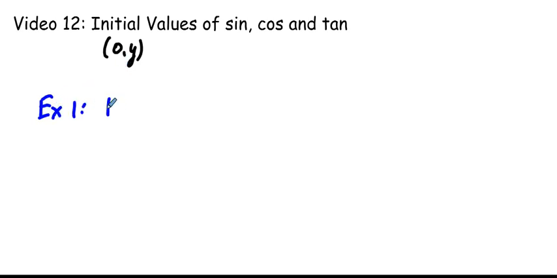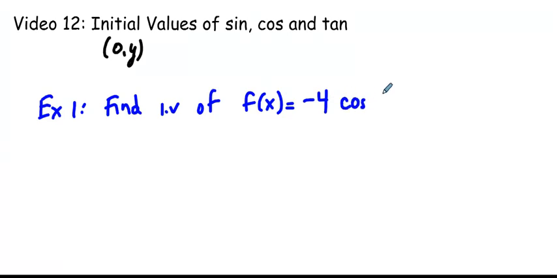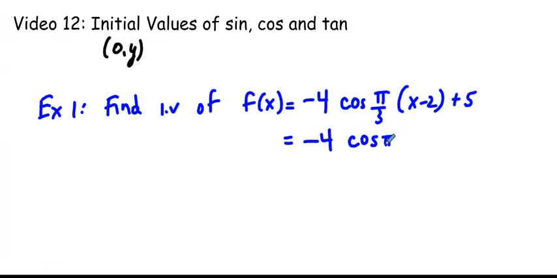If I asked you to find the initial value of this function, which is transformed, in terms of finding the initial value, we're not graphing it, so we don't really have to work with the parameters. So how do we find the initial value? Just like any other function, we replace the value of x with 0.